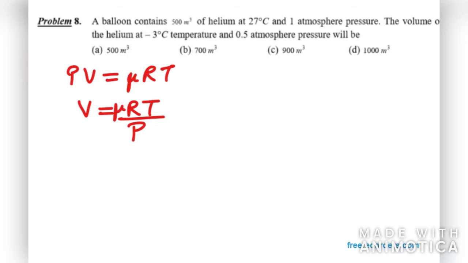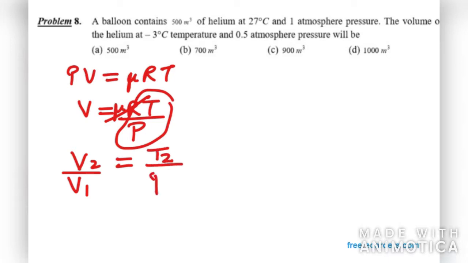So it can be written as V2 over V1. Now the constant quantities can be cancelled down. So we just need T and P in this case. So T2 at the numerator, P2 at the denominator, and then times V1. The V1 quantity is dependent on T1 and P1, which will be at the numerator. So V2 equals V1 times T2 P1 over P2 T1. So let us change the values as per the question.